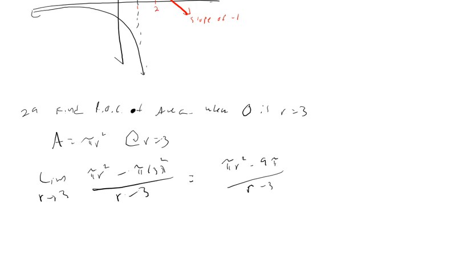Just like we factored out the -1, I can factor out the pi and get r squared minus 9 over r minus 3. There's our thing that we can factor into r plus 3 and r minus 3. And that's why we can now cancel this r minus 3 on r minus 3.